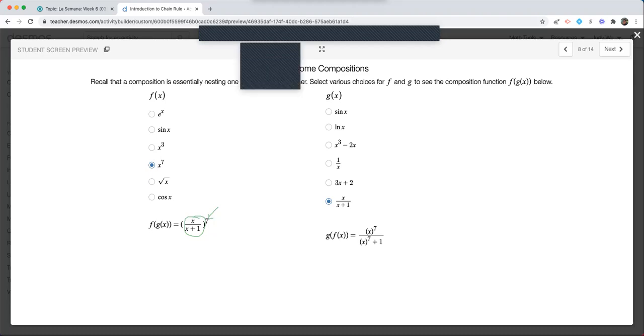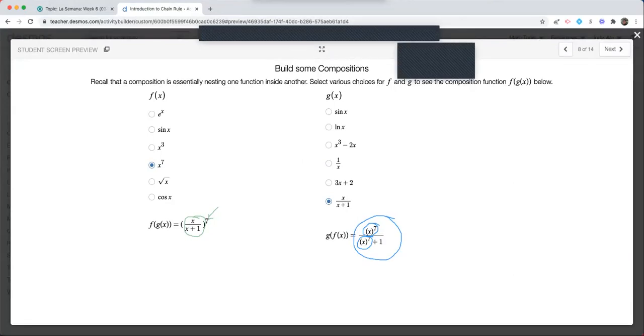We are, in fact, raising things to the 7th power first, and then we put everything into the function. Okay, cool. All right, so you can play around with this as much as you want to kind of build the different functions, but what's more important is as you're building them, think about what's happening, like what's the order and how is that similar or different between the two functions, okay?